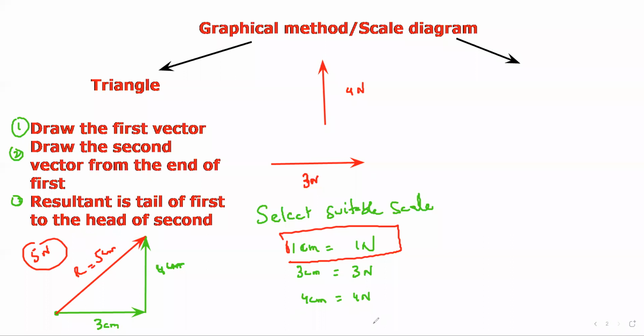Is the triangle method clear? We can also solve the vector by a graphical or scale diagram. We can use a parallelogram method. In a parallelogram method, we draw both vectors from the same point. That's the only difference.